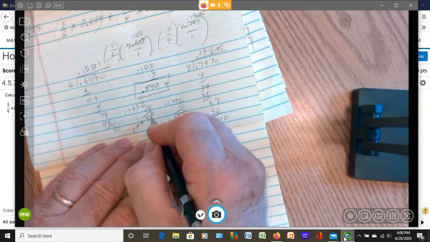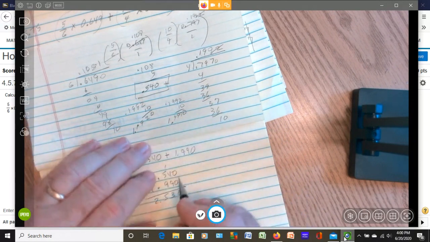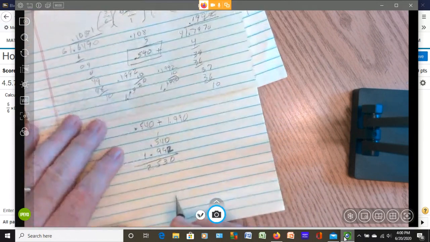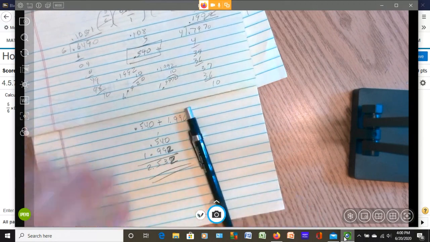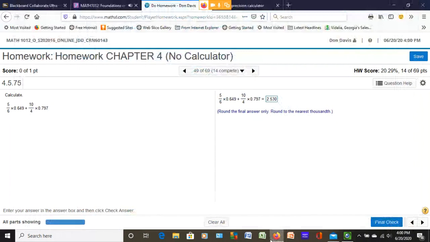And count off 4 places, 1, 2, 3, would be 1.992. And that would make the answer 2.532. This is our last shot. Well, we're going to find out what it is in a second. We can guess it this time. 2.532.